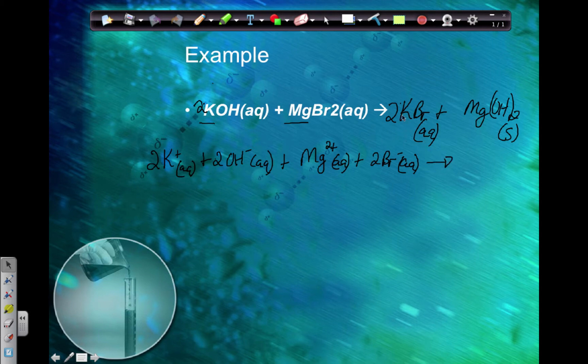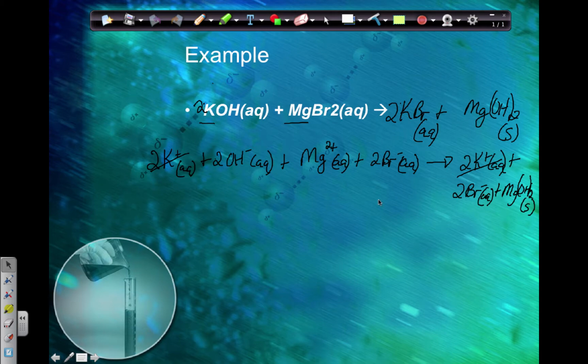All right, so now go to our product side. This is aqueous, so pull it apart. We've got 2 potassiums. And you've got 2 bromides. Well, this is solid. Leave it together. All right, so now everything that's on both sides will get canceled. So K+, cancel.